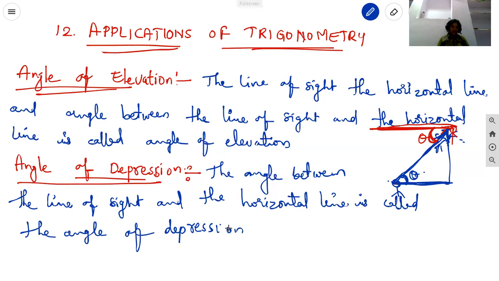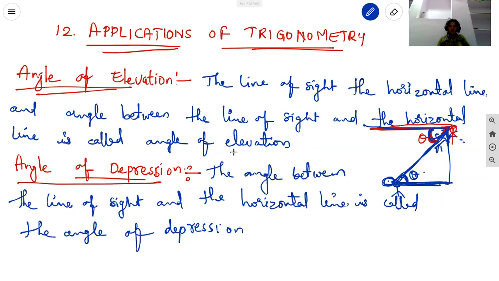Suppose we are standing on the top of our school building, or whatever it may be, and we see a stone on the earth. In such cases, we find the angle between the line of sight and the horizontal line. This is also called the angle of depression.